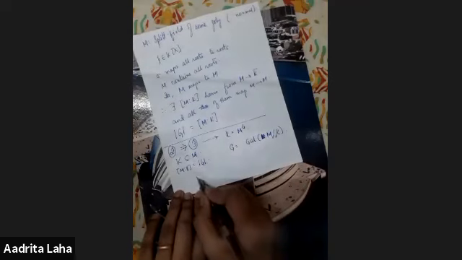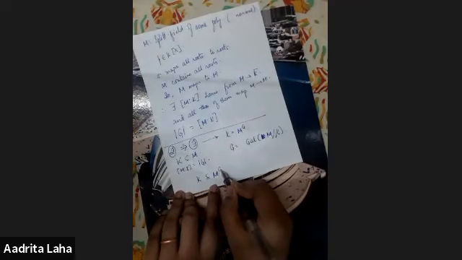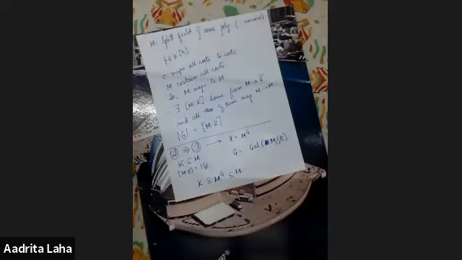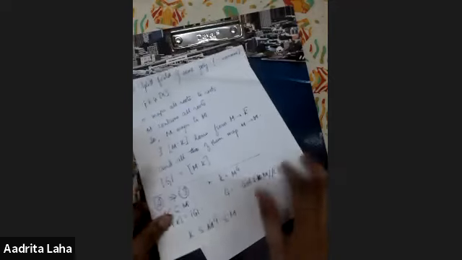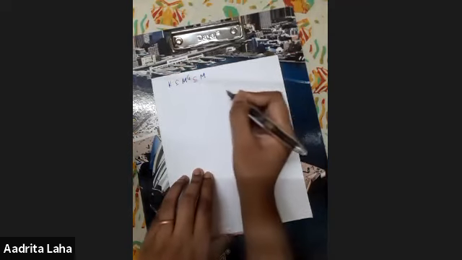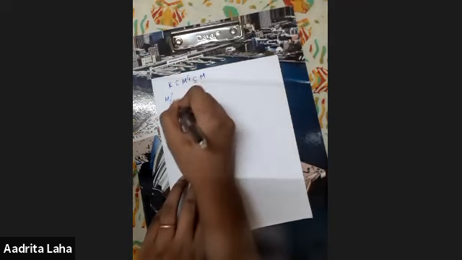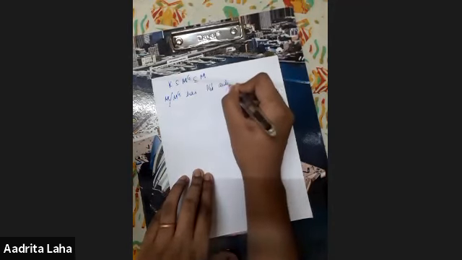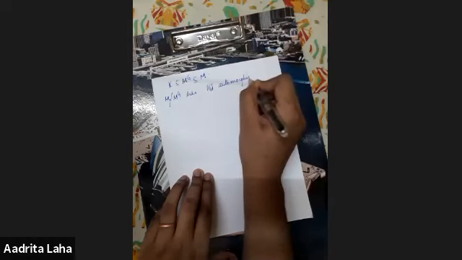We can write K subset of M^G subset of M. So we could write K over M^G over M. And we can conclude that M over M^G has mod G automorphisms by definition.